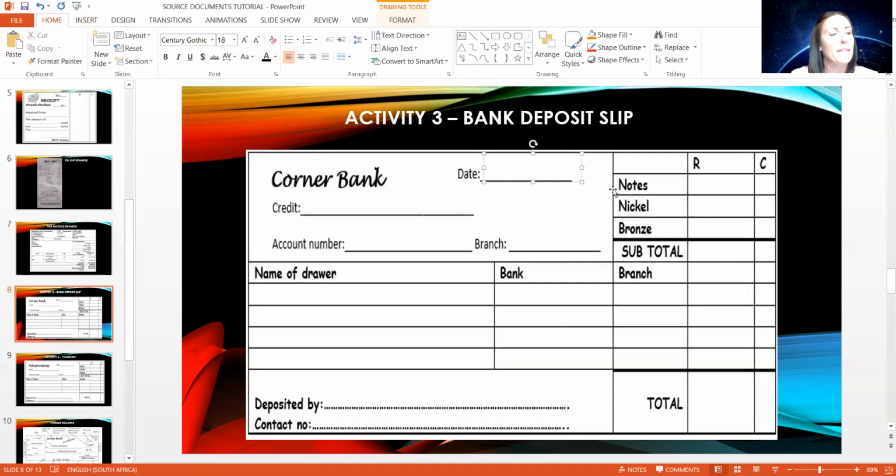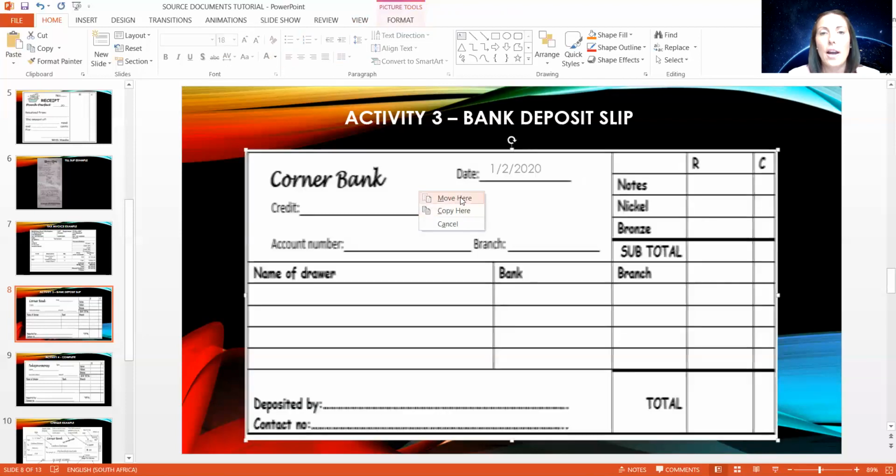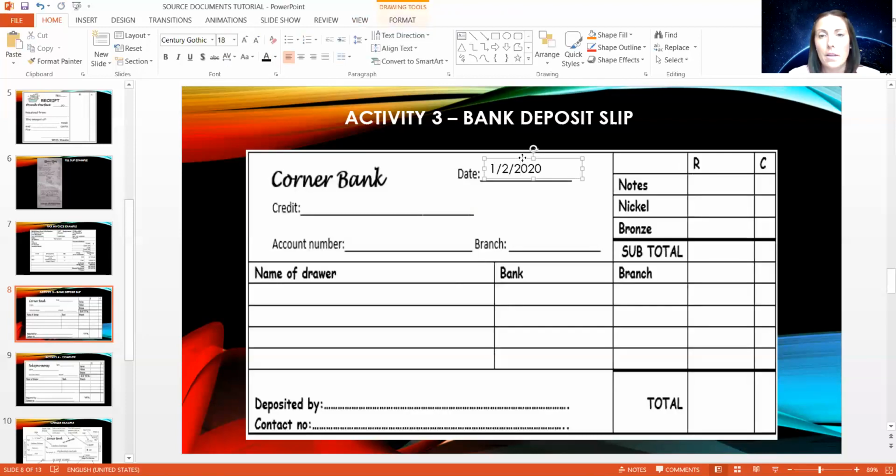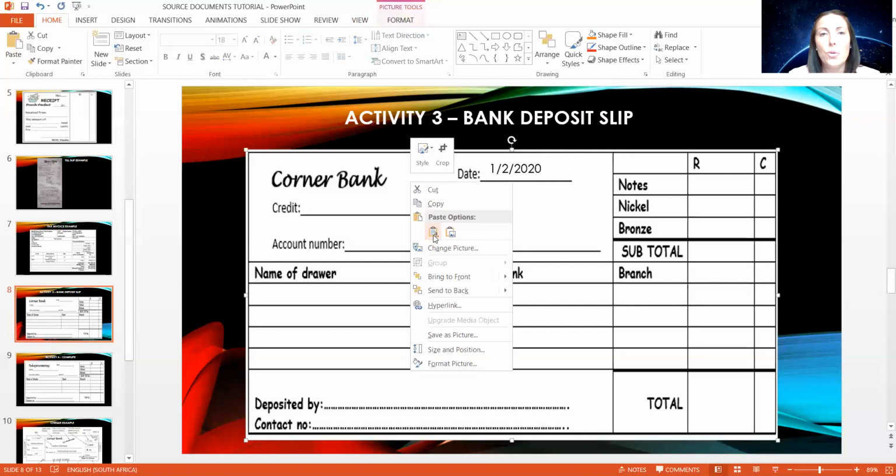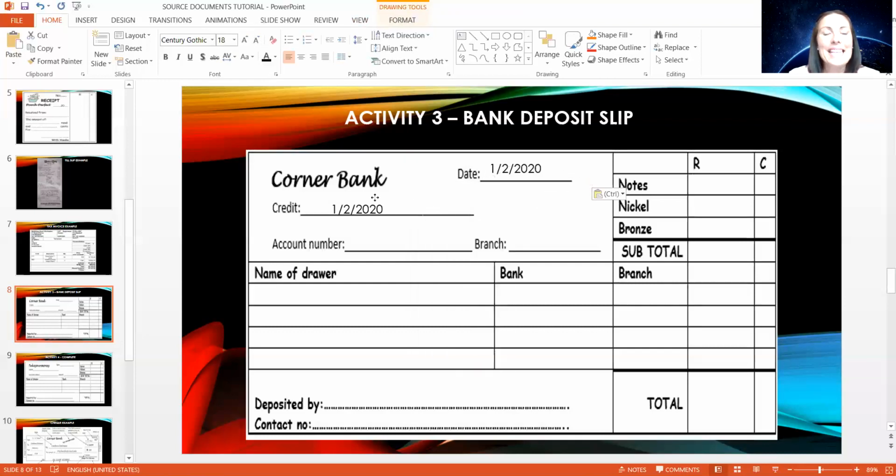So we have to complete this deposit slip on the 1st of February 2020. And you must now imagine that you are Lerato Matulwe. So there's the date, the 1st of February 2020, right? So who are we crediting? This means we need to tell the bank, and by the way, Lerato's got her business's bank account at Corner Bank.